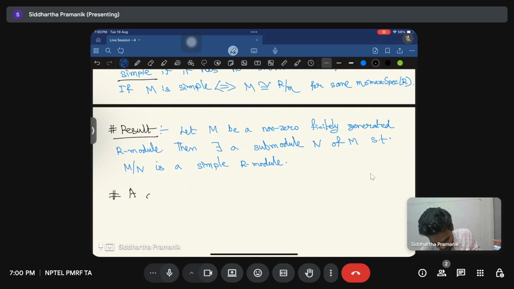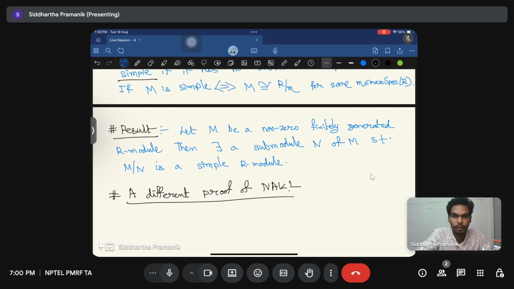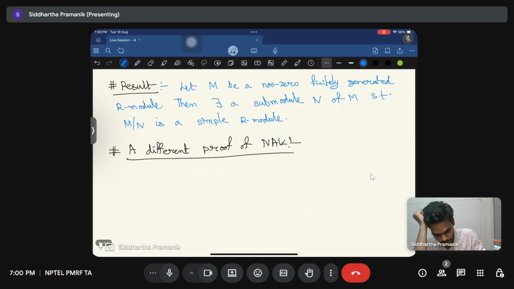So a different proof of Nakayama's lemma. Let's recall the statement first.